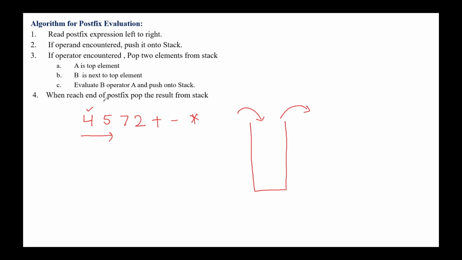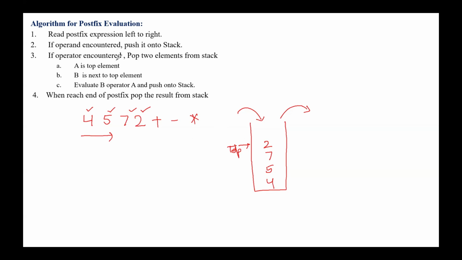So 4 is an operand, so we put it into the stack. Then the next one is the 5, push it, then 7, push it, then also 2, push it. Right now our stack consists of 4 elements. The top is this element, 2 is the top element.